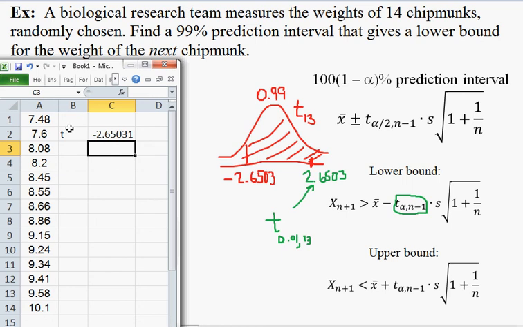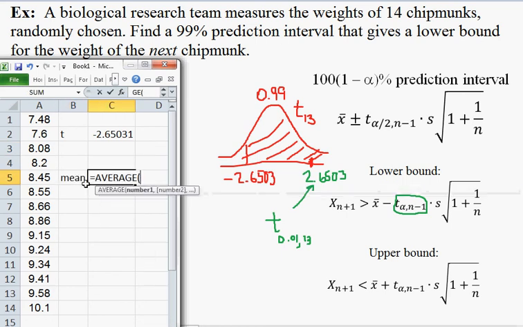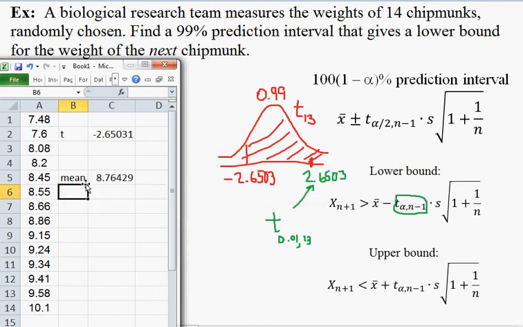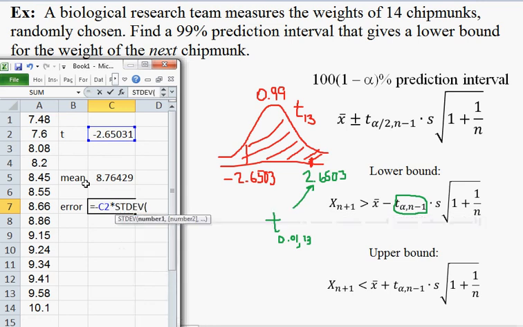The average, x bar, the sample mean, is equal to the average of these 14 numbers, so 8.764. And the error that we have is going to be equal to, well, it's going to be negative, if I take the positive number, t, times the standard deviation of the 14 numbers, times the square root of 1 plus 1 over 14.